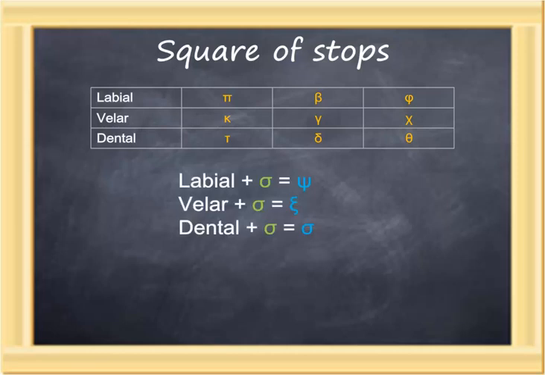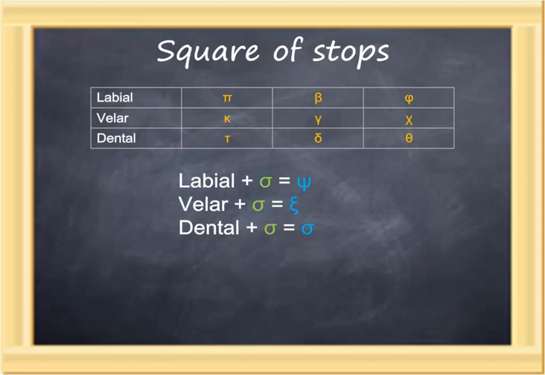An interesting thing happens when one then appends a sigma to one of these forms. A labial, that's where the airflow is interrupted by the lips, plus a sigma, translates those two consonants into one, the psi. So pi plus sigma is psi, beta plus sigma becomes a psi, and phi plus sigma becomes a psi.